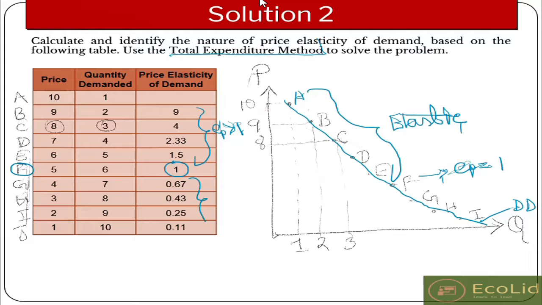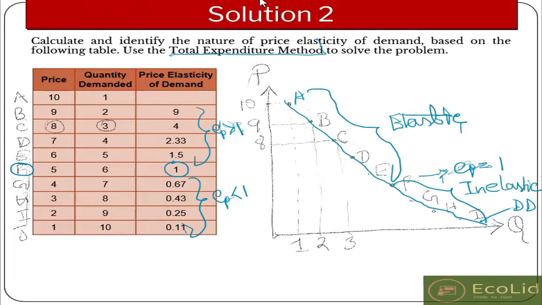All the price elasticity values are less than 1. So EP is less than 1. So these are the inelastic values. So this area of the demand curve is having inelastic price elasticity. So inelastic.